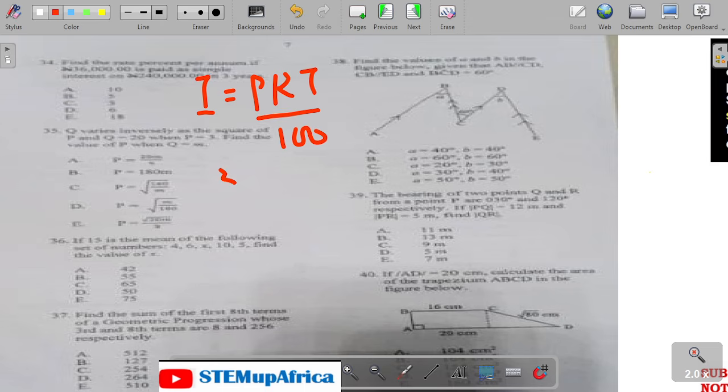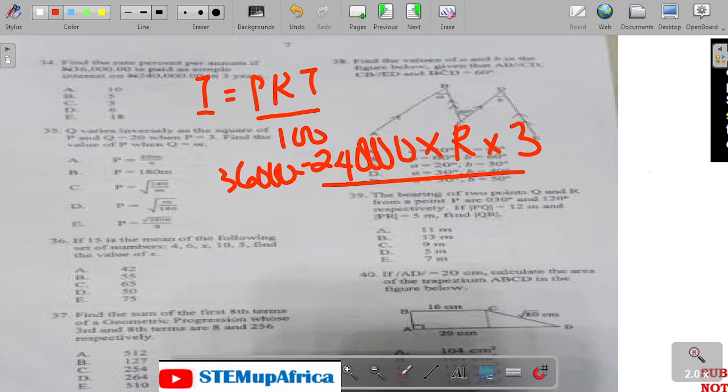So the interest is 36,000, equals principal 240,000 times the rate times the time, which is 3, divided by 100. If I simplify with a calculator, that will give me 5. That will give me option B.